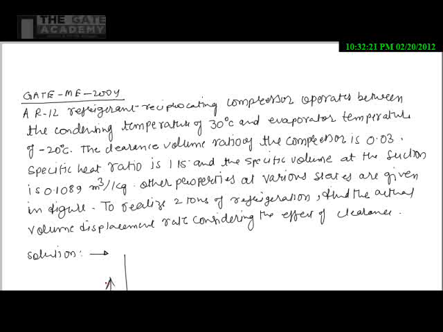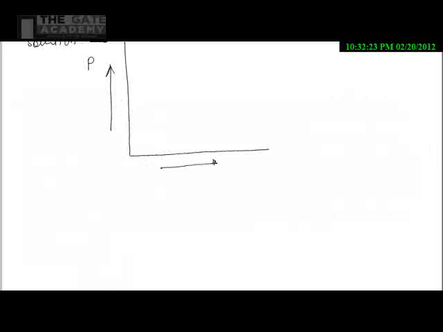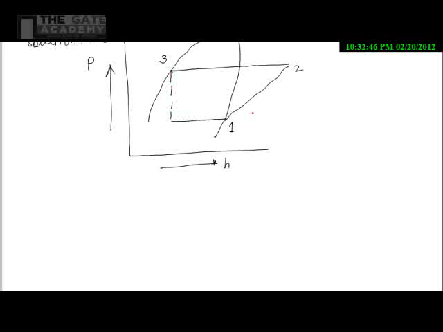So this one is P and this one is H here, and the diagram is looking like this. Now from 1 to 2 is isentropic compression, and 2 to 3 is a constant pressure heat rejection. 3 to 4 is an isoenthalpic process, that is the throttling process. 4 to 1 is constant pressure heat addition.